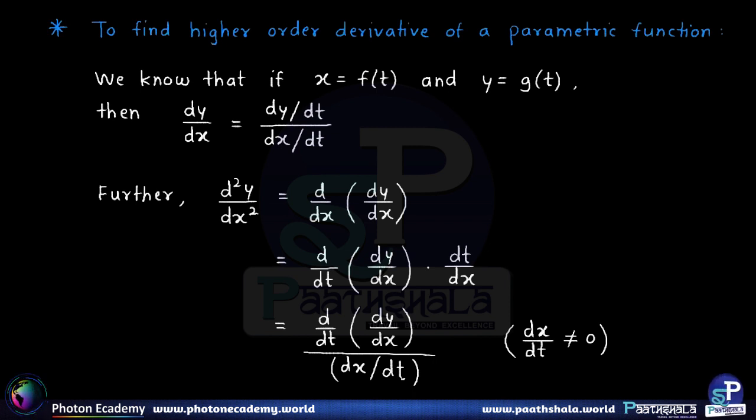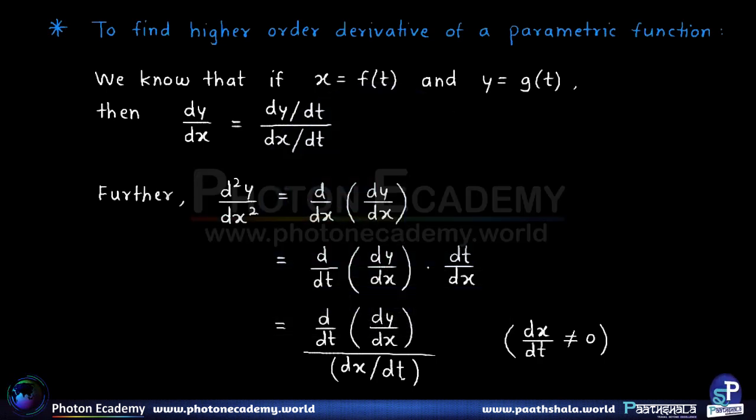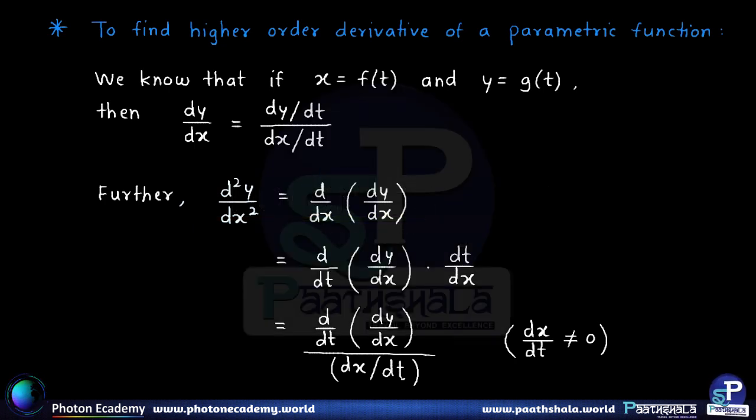So the question is how to find the second order derivative of y with respect to x, where y is a parametric function of x. So what we do is, the second derivative, that is second order derivative, is nothing but the derivative of first order derivative. So that is nothing but d by dx of dy by dx.